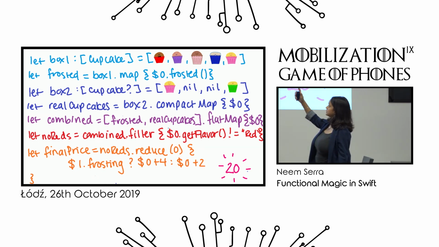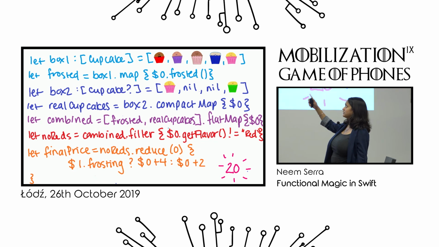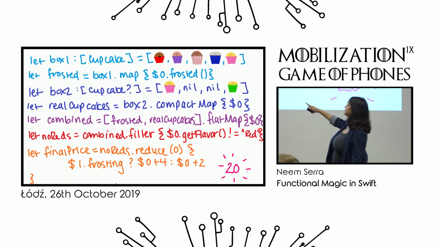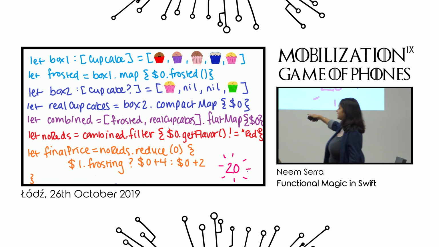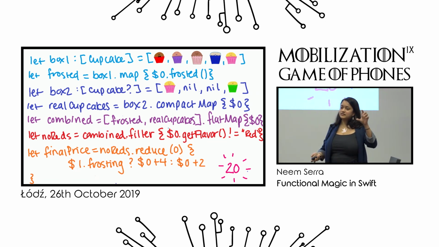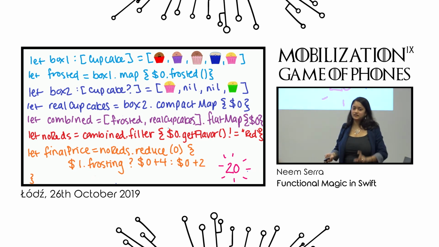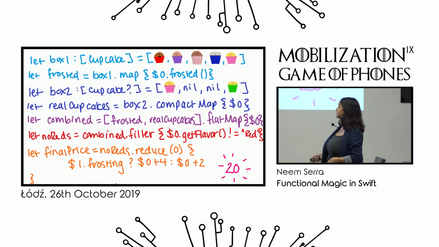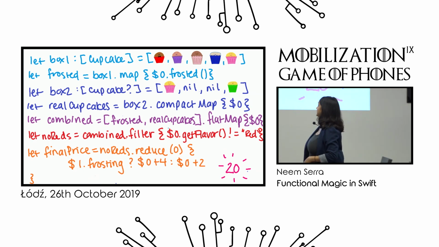It's a lot easier to read because you could say, okay, I have my first box of cupcakes, my second box of cupcakes, and you could just follow through: here's where I'm combining them, here's where I'm taking out the reds, now I'm getting my final price, instead of having functions for each of these and having to go back and forth between things. It's a lot more nicely readable and understandable.